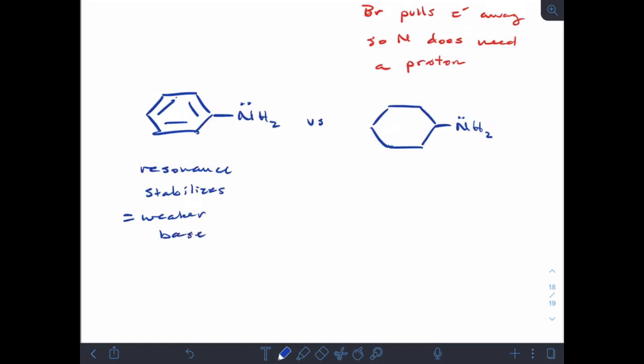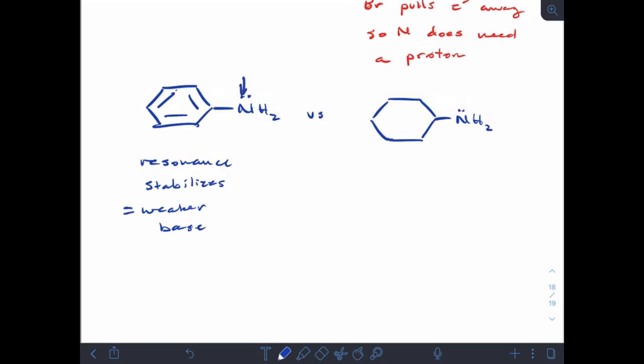Okay, we've got these electrons that are sitting on this nitrogen right here. And if we didn't have resonance, that nitrogen would really like to have another hydrogen in order to take care of that negative charge. But since we have resonance in the ring, that ring helps to deal with that extra negative charge. It helps to pass around the buck, pass around the extra stuff that's going on.